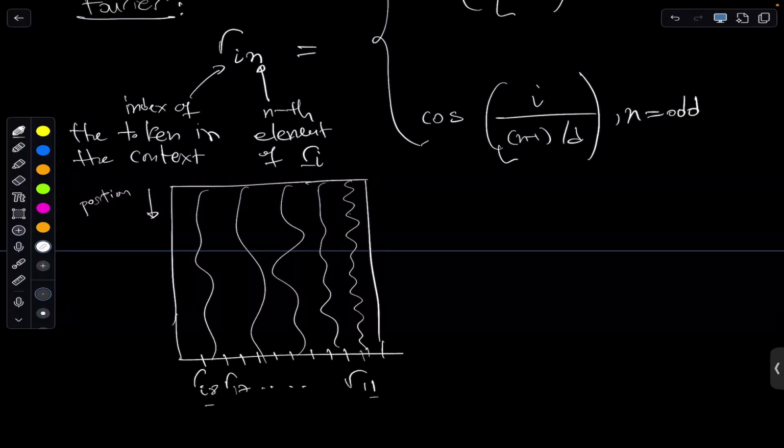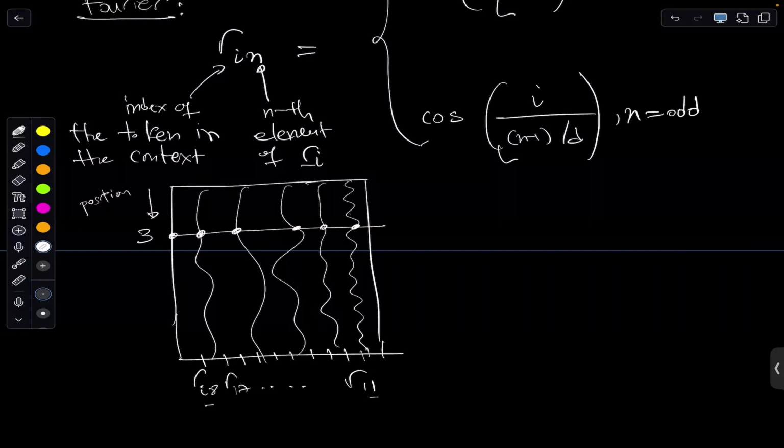And it's very puzzling as to why this could actually serve as anything to do with positions. By the way, if you are in position, let's say 3, you draw a line, and every point where it cuts these sinusoids is going to be the elements of your R_i vector, the R_3 vector in this case.